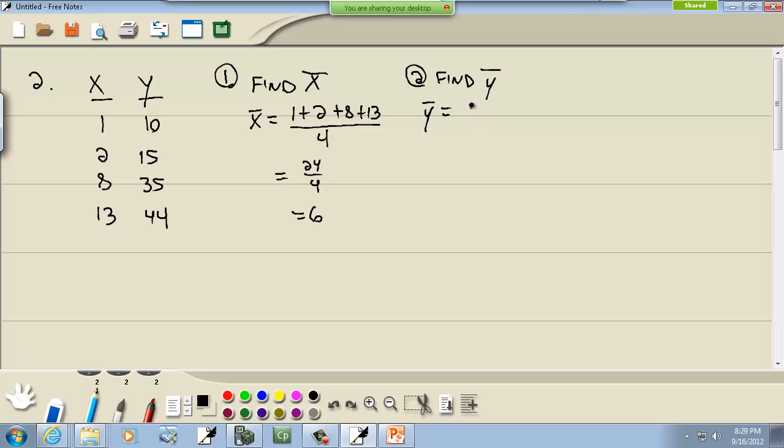For y bar, we'll add together our y values. So we've got 10 plus 15 plus 35 plus 44 divided by 4. Let's see, 15 plus 35 is 50, 94, 104 over 4. So y bar is 26.